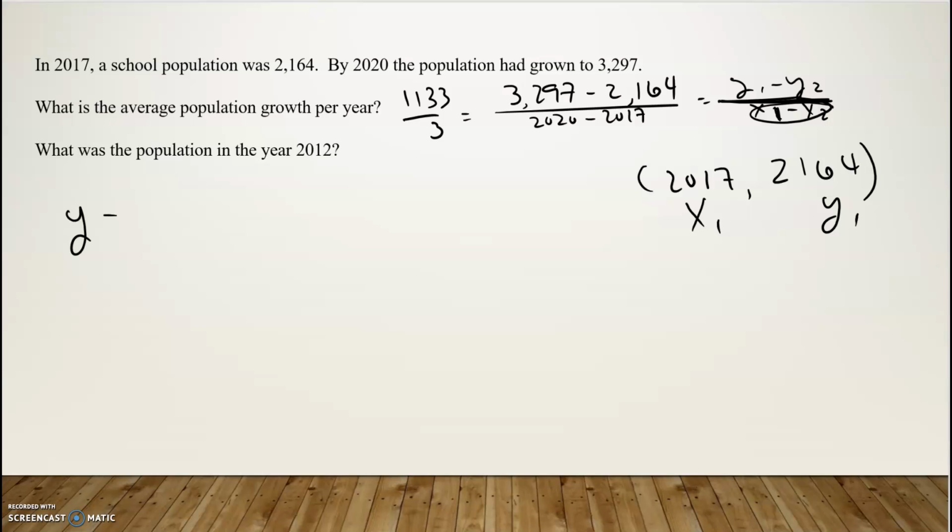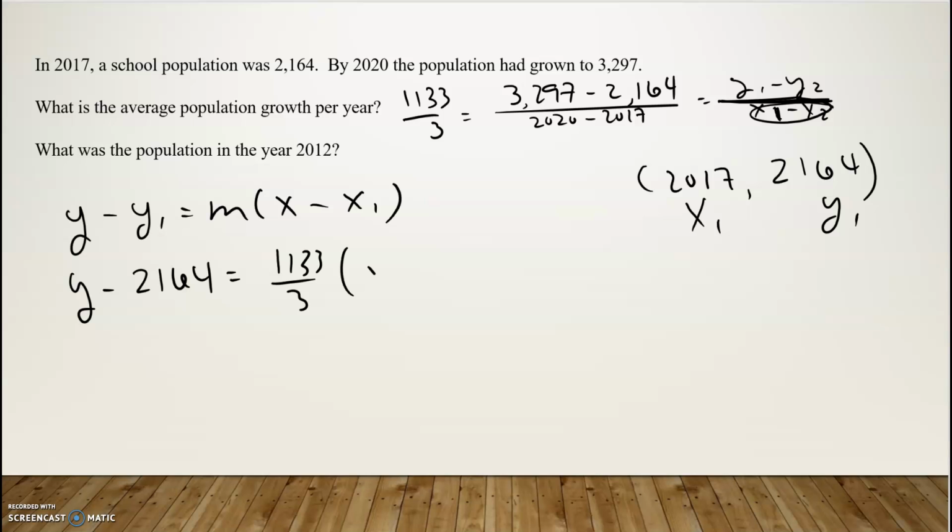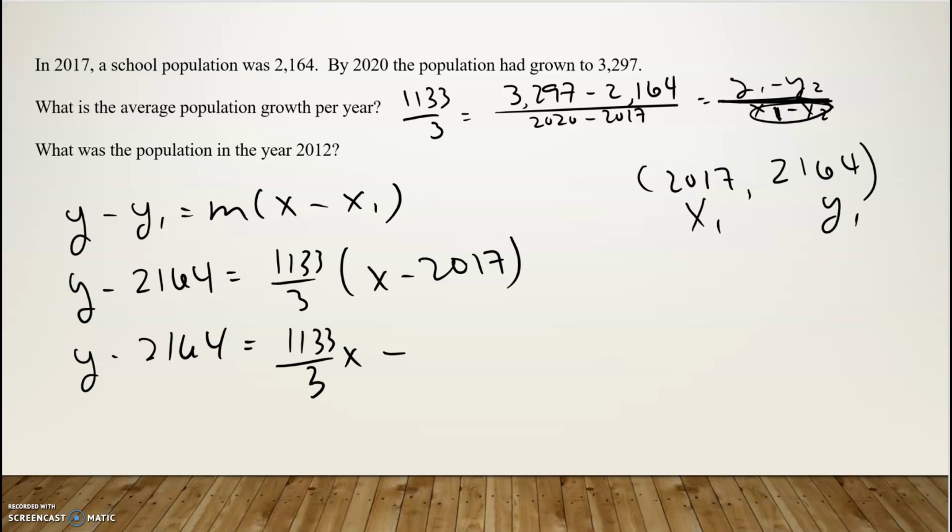So with my formula, y minus 2,164 is equal to 1,133 over 3 times x minus 2017. Okay, so that is y minus 2,164 is equal to 1,133 over 3 times x minus, let's see, 1,133 times 2017.